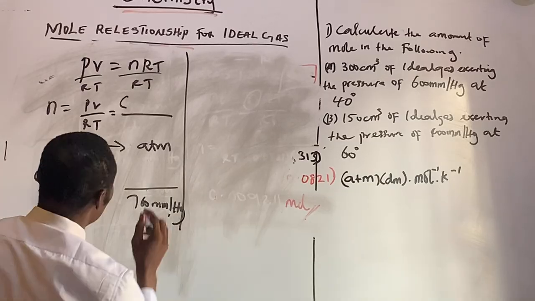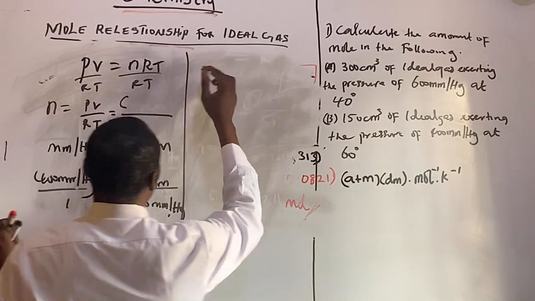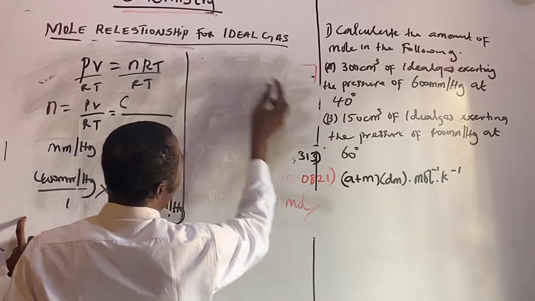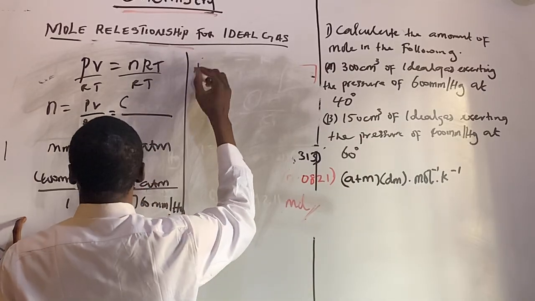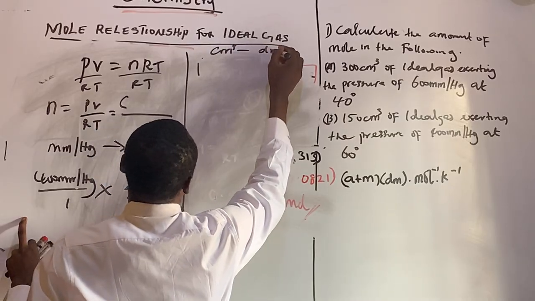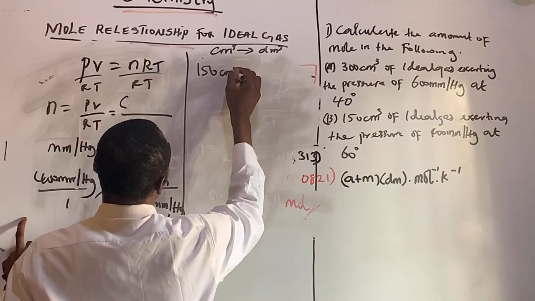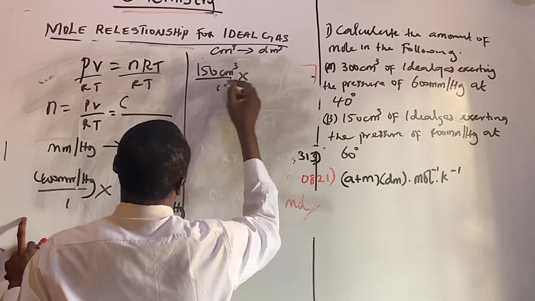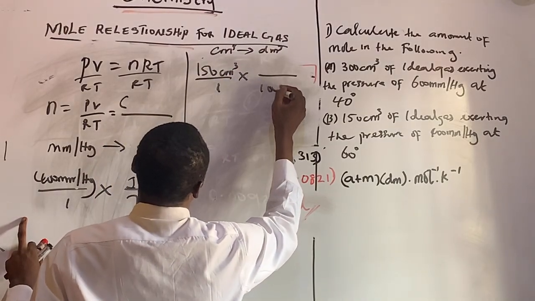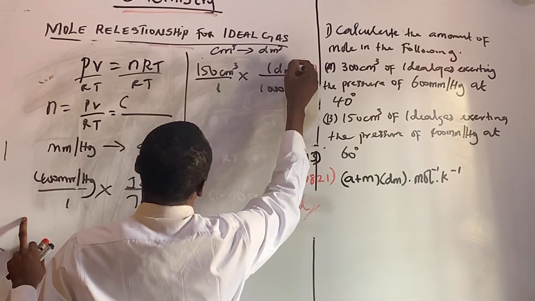We cancel millimeter mercury, gives me ATM. Then for dm3, I'm given 150 cm3. I'm trying to convert from cm3 now to dm3. So I have 150 cm3, use my conversion factor fraction. I put 1000 cm3 at the bottom. I put 1 dm3 over here.